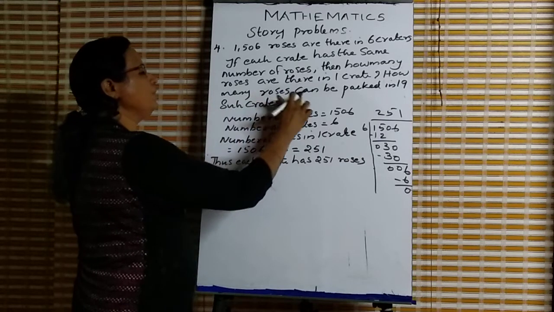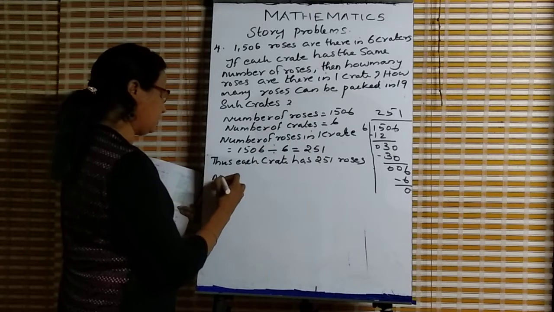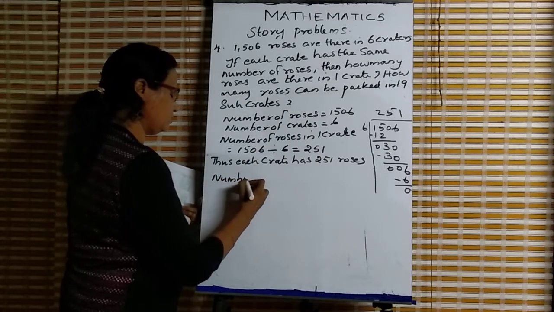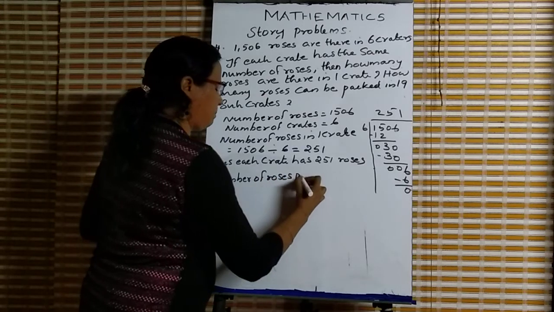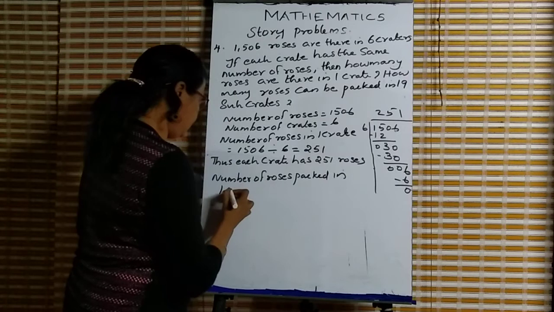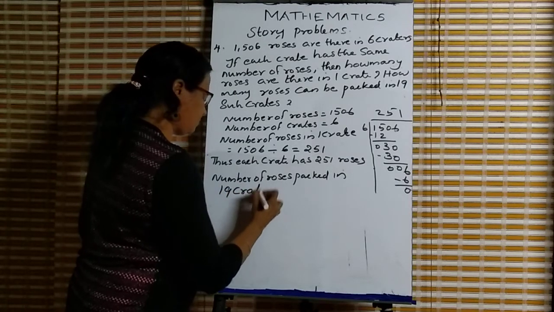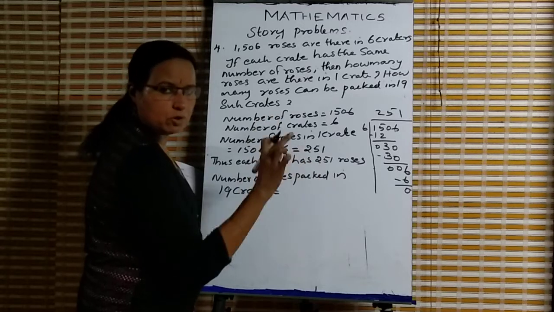Last part is how many roses can be packed in 19 such crates. Number of roses packed in 19 crates is equal to one crate 251 roses.